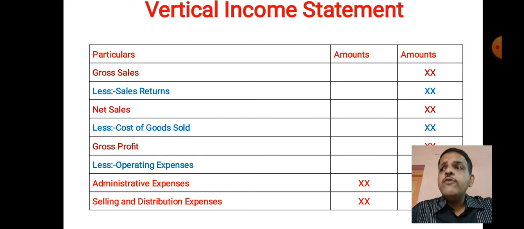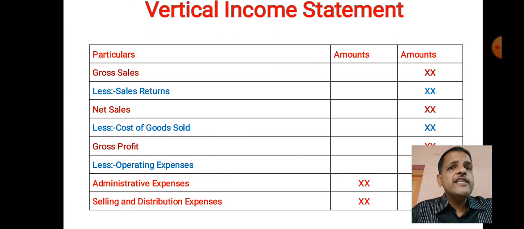Then we have to take direct wages, direct expenses, factory power, factory salaries, factory repairs, factory rent and taxes, depreciation on machinery, factory building depreciation, etc. Whatever are the factory expenses, we have to take them.